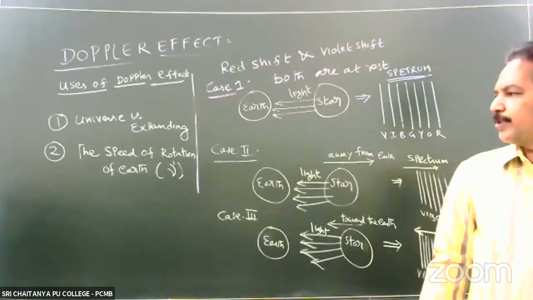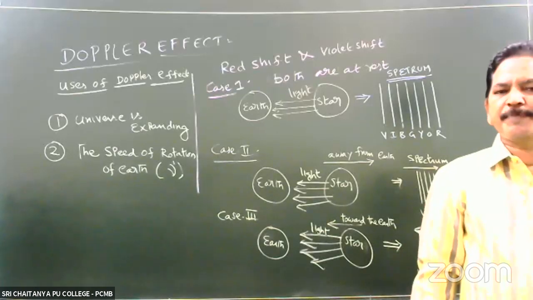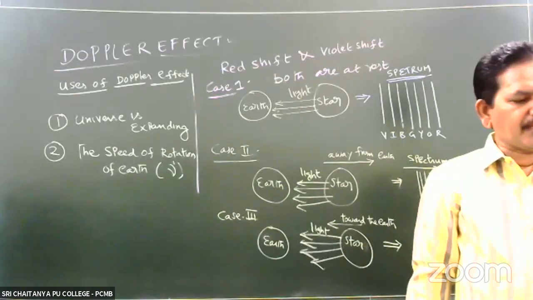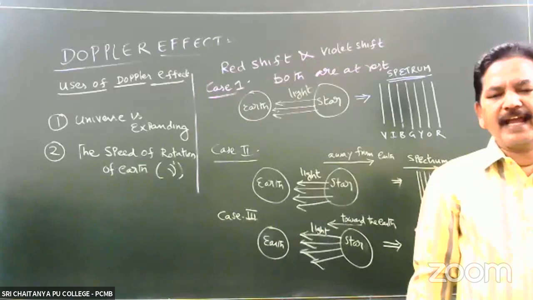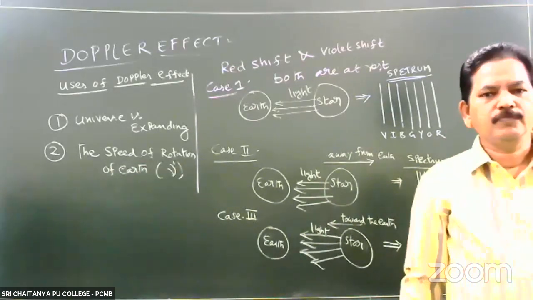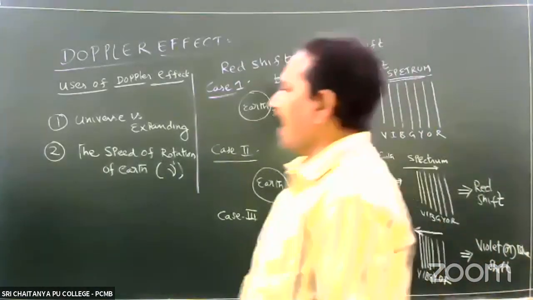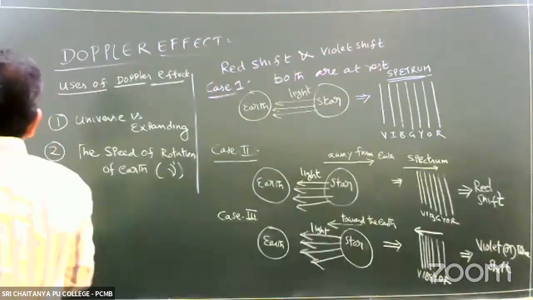We can find out the speed of the rotation of the earth, with what speed it is rotating. Already we came across this in the gravitation chapter, first year concept. R omega V is equal to latitude effect of g.